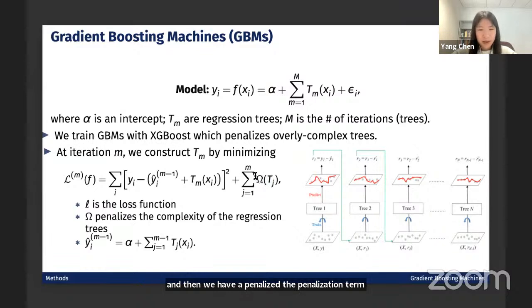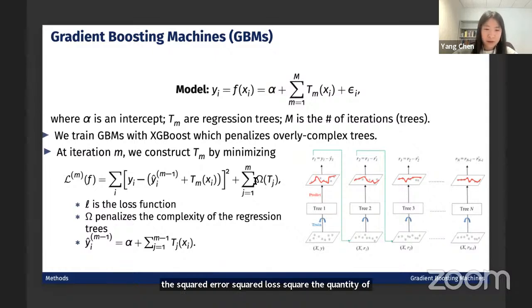The penalization term is a summation of the number of nodes that you have for the trees, and also the squared quantity of the node weights.